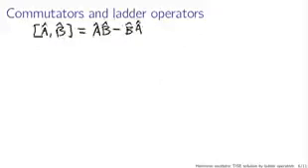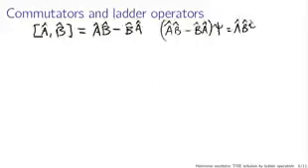Just to make that a little more explicit, if I had AB minus BA acting on some wave function, I would say that's AB psi minus BA psi. You don't necessarily get the same answer for both of these things because the order in which operators act is important.